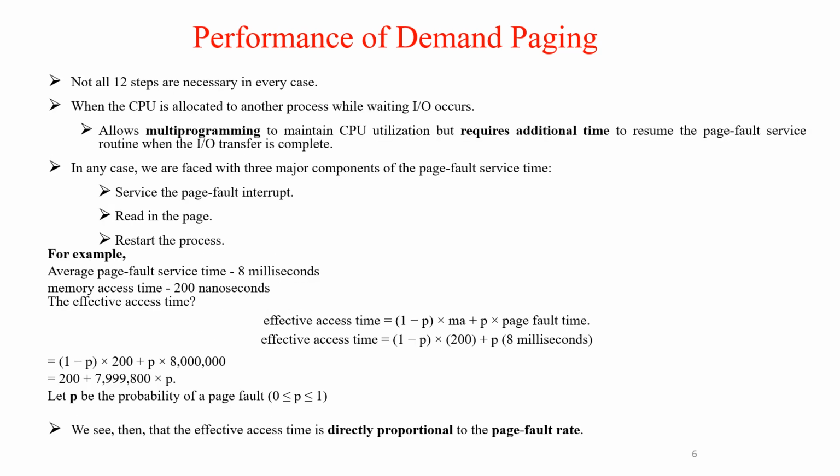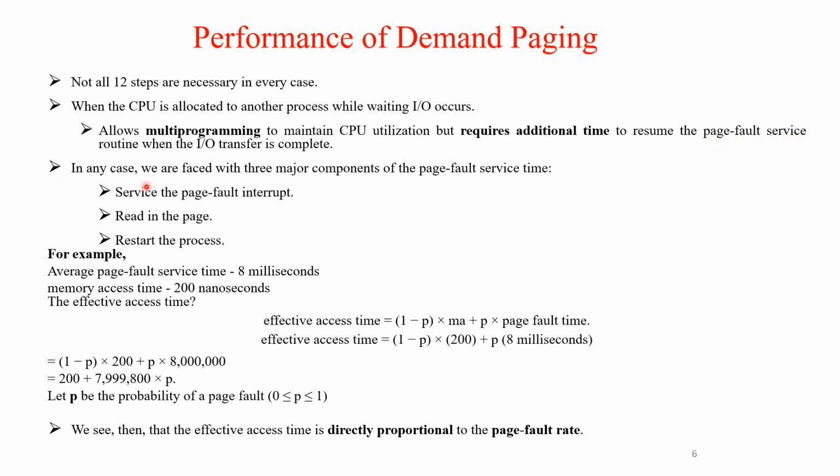But it is not necessary that all these 12 steps happen. When the CPU is allocated to another process while waiting for an I/O, it allows multiprogramming to maintain CPU utilization, but requires additional time to resume the page fault service routine.